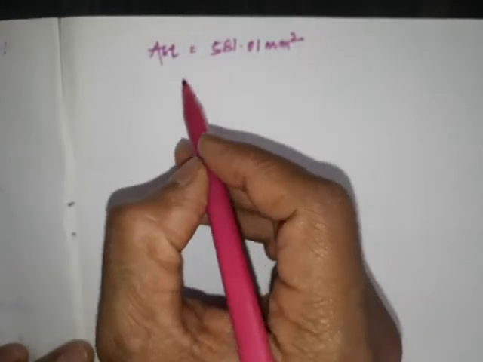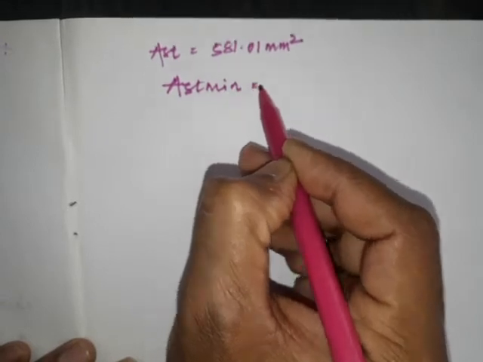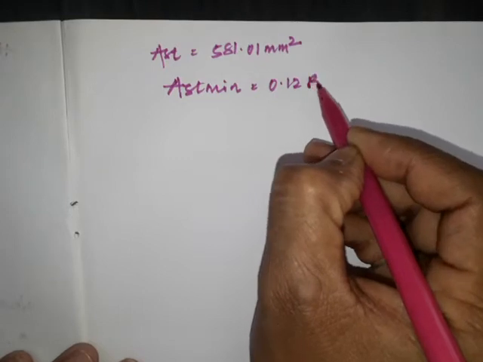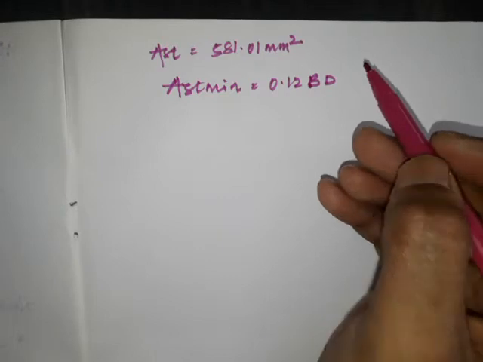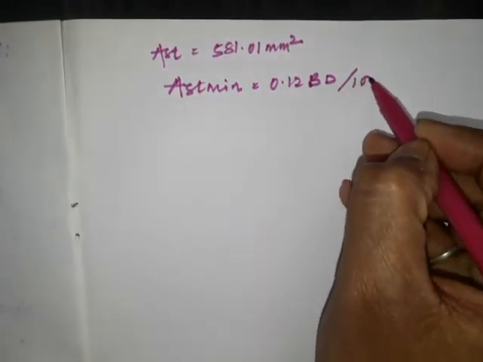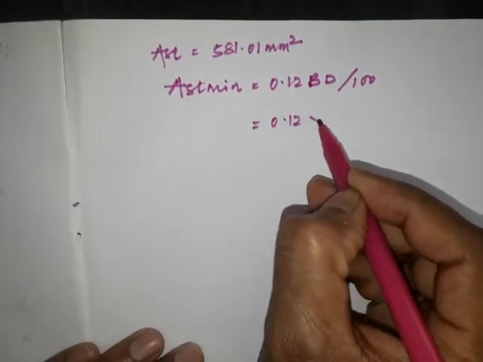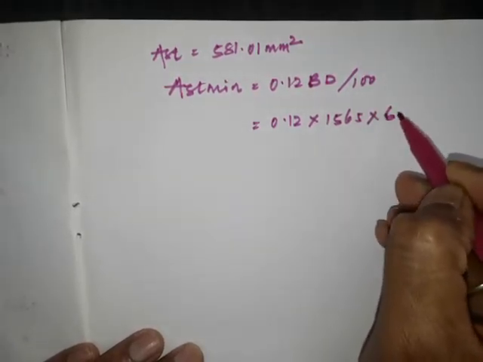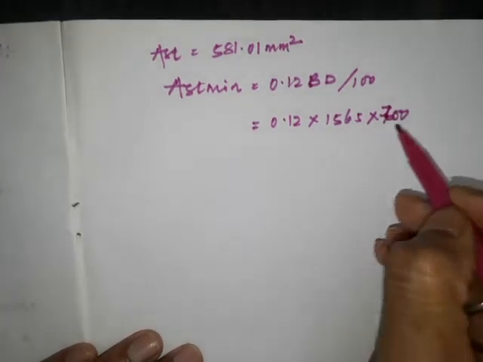Then again you have to check for transverse reinforcement, the AST minimum. So again it is 0.12% of BD. Correct na? 0.12% of BD divided by 100. So 0.12, B is 1565, into depth, the total depth you have to take, so this is 700, divided by 100.